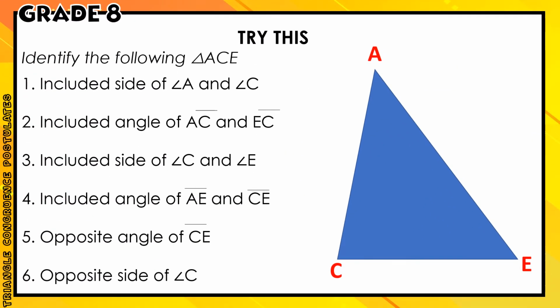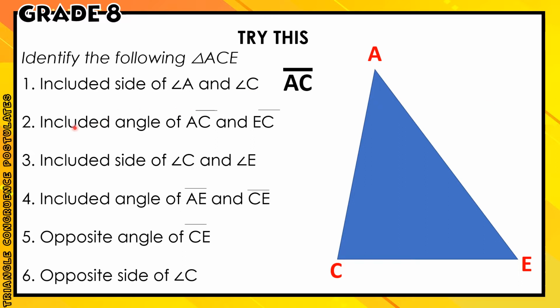So let's try to answer this one, to identify the included angle, included side, opposite angle and opposite side of the given. Our reference triangle will be triangle ACE. Number 1, we are asked to find the included side of A and C, meaning our answer is side AC.